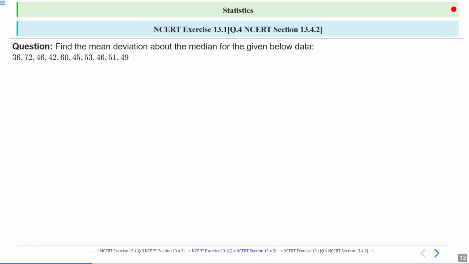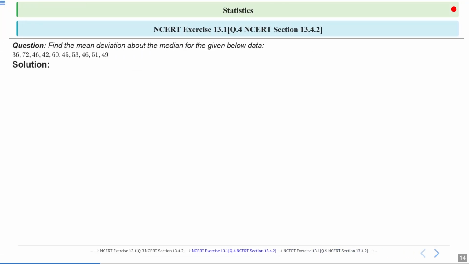The question asks us to find the mean deviation about the median for the given below data. So the data is 36, 72, 46, 42, 60, 45, 53, 46, 51, 49. Okay. So students, first of all, try it yourself.